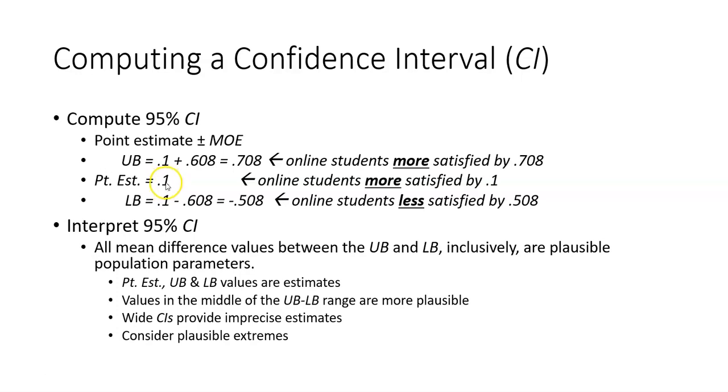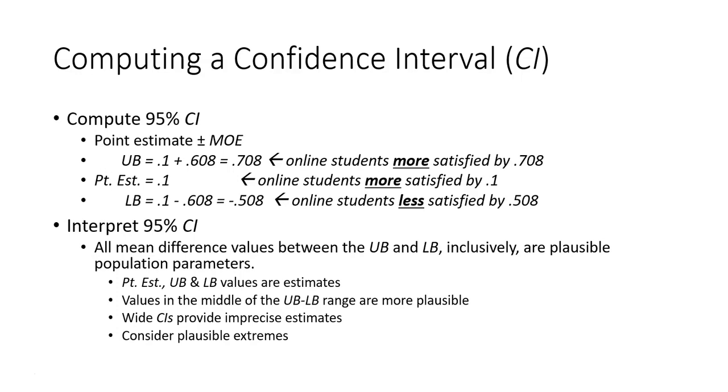That point estimate is the base on which we build the upper and lower bounds, so it isn't set in stone. If you did the study again, you might have a different point estimate, which means you would have different upper and lower bounds. Always remember that confidence intervals are estimates. If you have a big sample size, they're probably pretty good estimates, but they're still estimates.